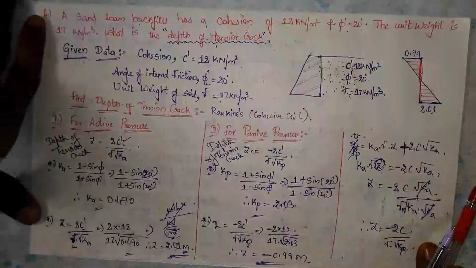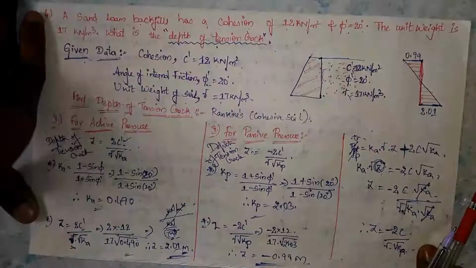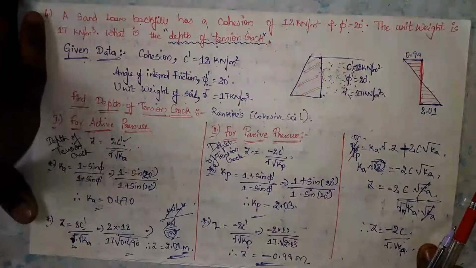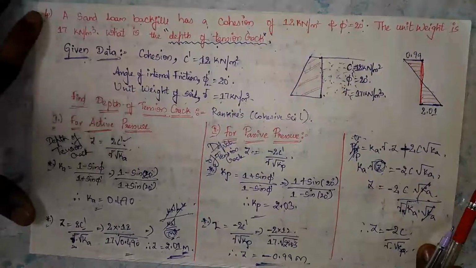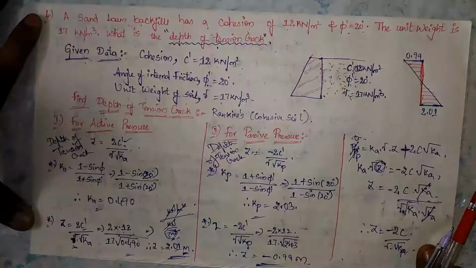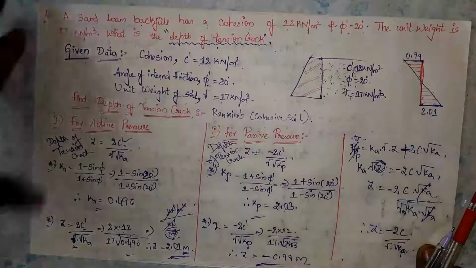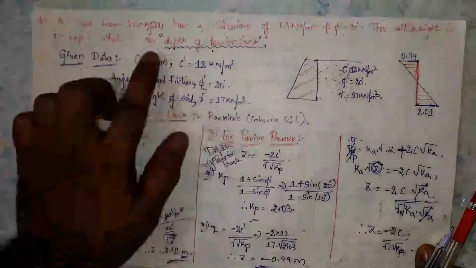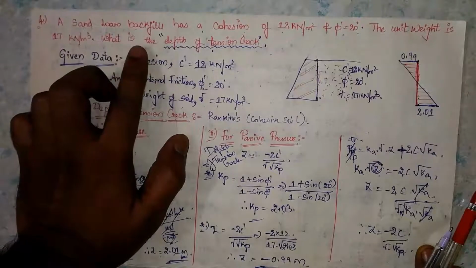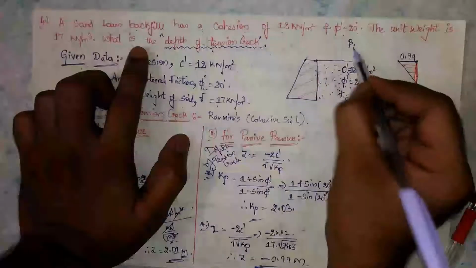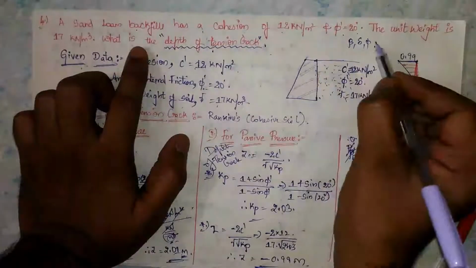So these are the Rankine series problems. Rankine series problems are very important problems. And lastly, there are still two more problems. In one of the problems, these same parameters will be presented in the question paper, but the parameters will be somewhat changed. He may give beta, delta, phi dash or alpha.